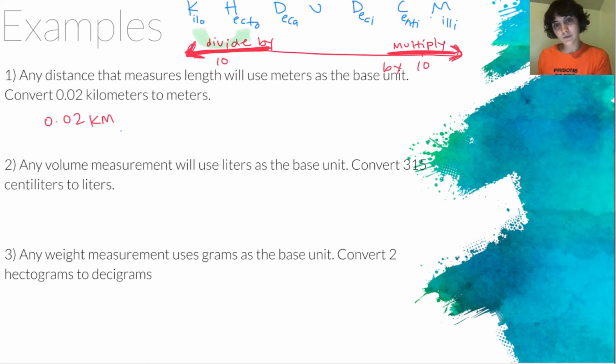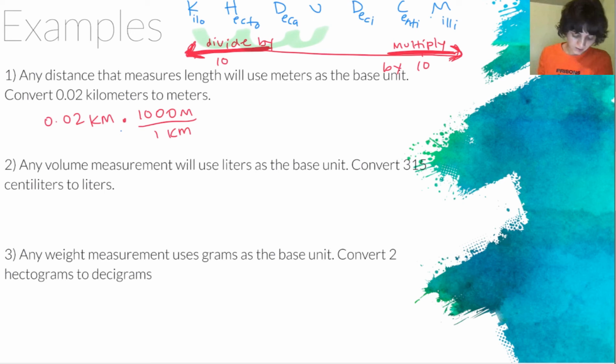So every time I move to the right, I have to multiply by 10. Okay, so I'm multiplying by 10 three times, which is 1,000. So I'm going to say there are 1,000 meters for 1 kilometer.